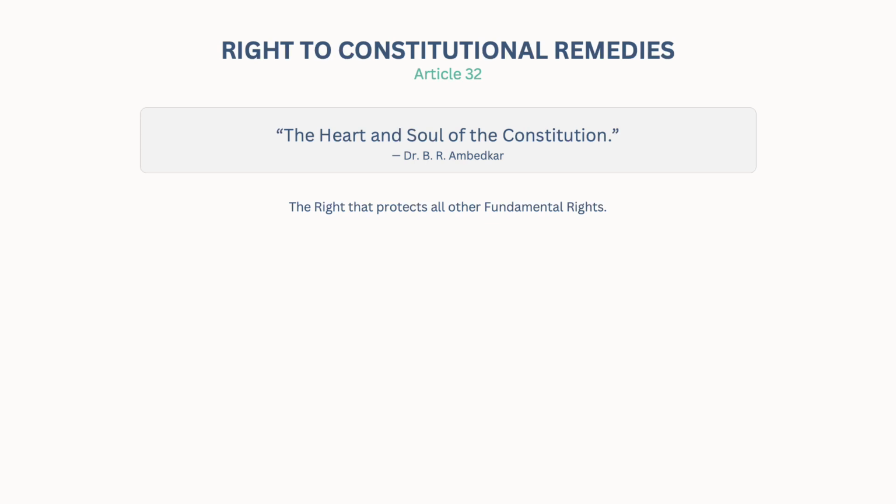Now we discussed the different fundamental rights from Article 14 to Article 30.